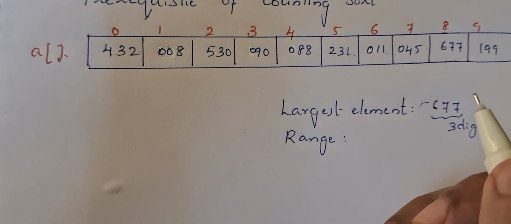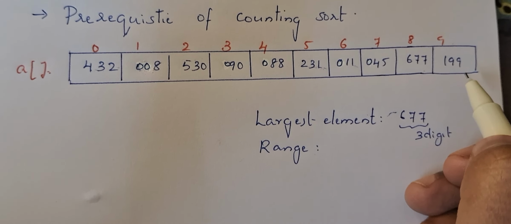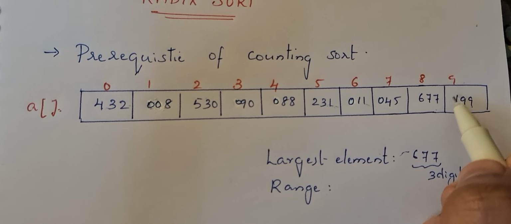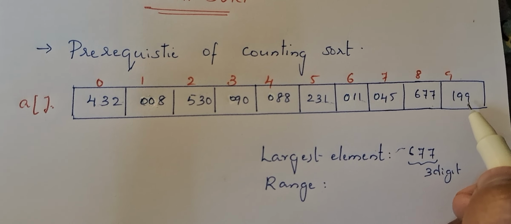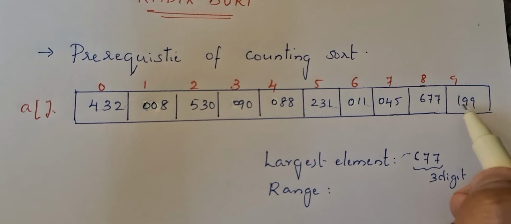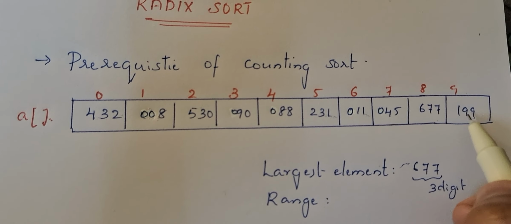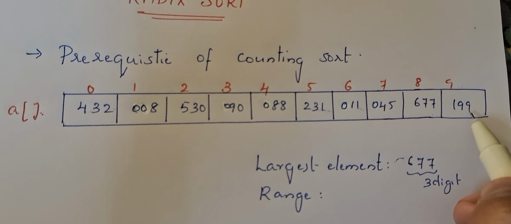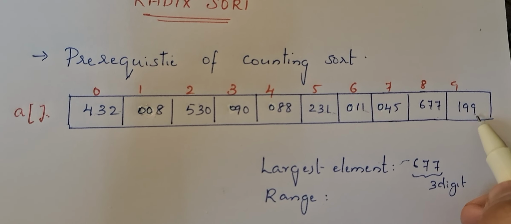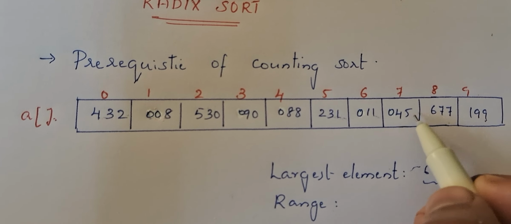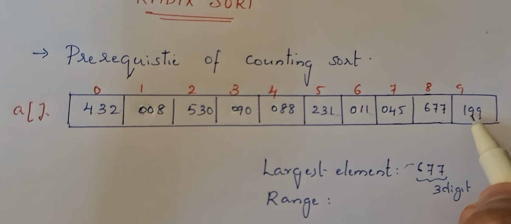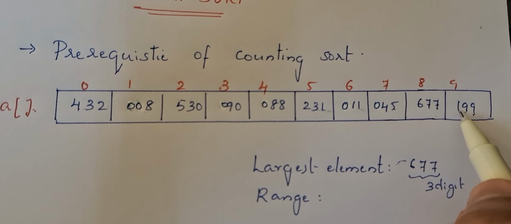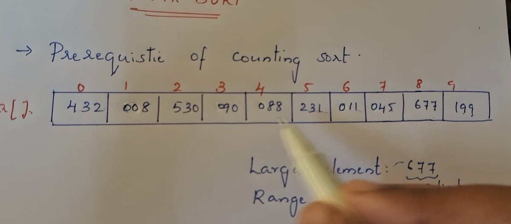I already told you we need to perform counting sort by taking each and every digit of a particular number. We are separating each and every digit of a number. We perform the first pass of counting sort by taking the last digit of every number, then the second last digit of every element, then the first digit of every number.